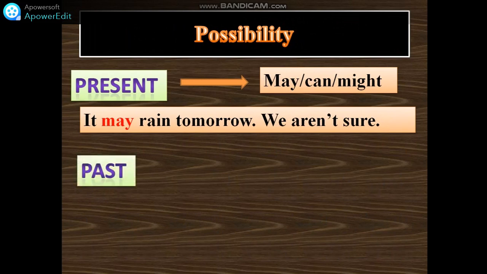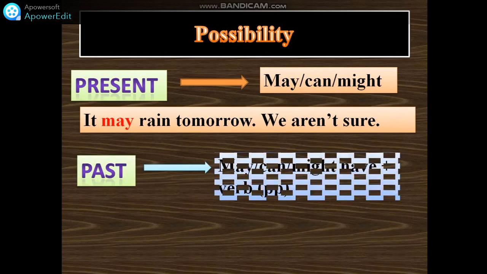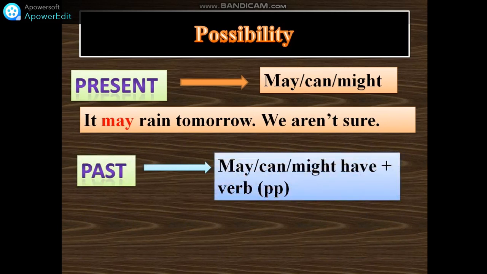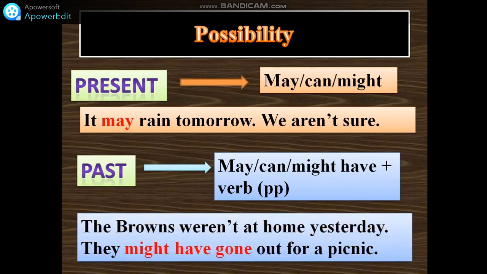In the past, you can express possibility with may, can, might, have plus verb with the past participle. Now let me give you an example. The Browns weren't at home yesterday. They might have gone out for a picnic. Pay attention here. You have the sentence in the past, yesterday.